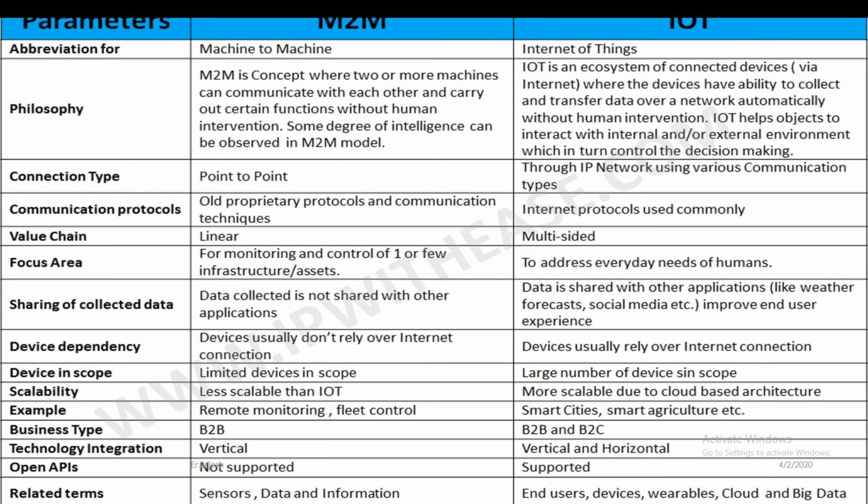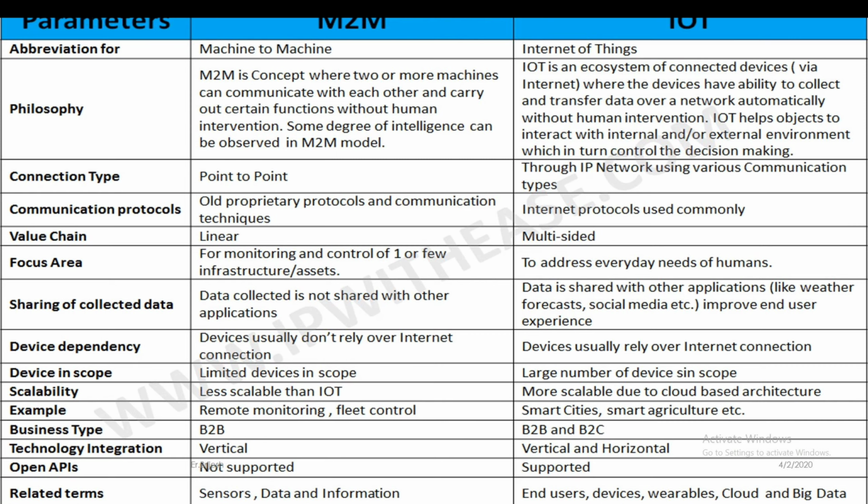In M2M, devices usually don't rely on an internet connection, but in IoT, devices usually rely on an internet connection, as in the term IoT, internet is the main thing that we use. In M2M, the scope is limited, but in IoT, a large number of devices are included, so it has a huge scope.